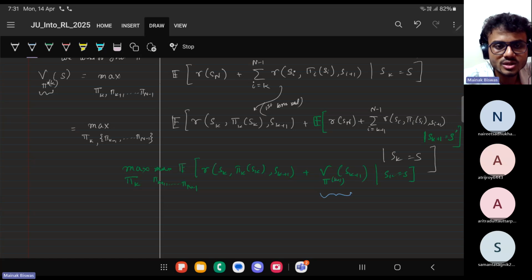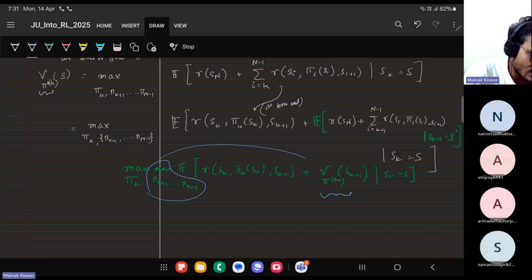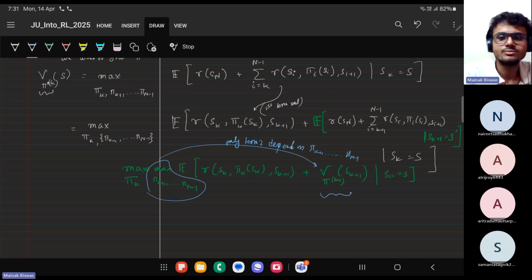Which term just depends on that? Only term 2 depends on pi k plus 1 through pi n minus 1, yes or no? Yes.